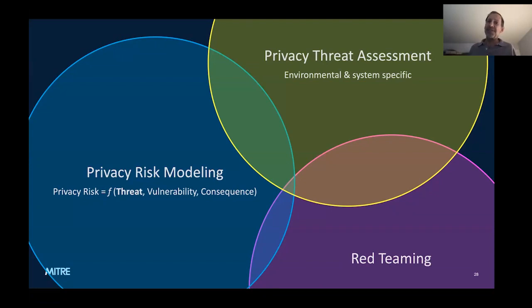But the fact of the matter is you can use Panoptic as a standalone threat model in order to do both system-specific and environmental threat assessments. And you can also use it for red teaming purposes. You can identify particular attacks or attack patterns and associate those attacks with particular adversaries, and use those as the basis for developing red teaming campaigns.